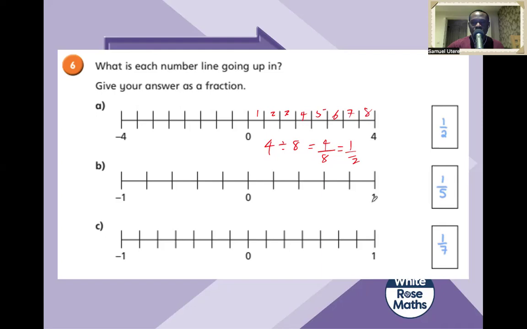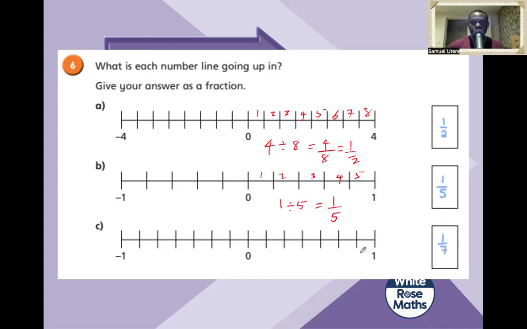This one, we have 1 between 0 and 1, right? So we have 1, 2, 3, 4, 5 intervals. Now we have to divide 1, because 1 minus 0 is 1, amongst those 5 intervals, which is 1 over 5. Remember, division can be expressed or written as a fraction.